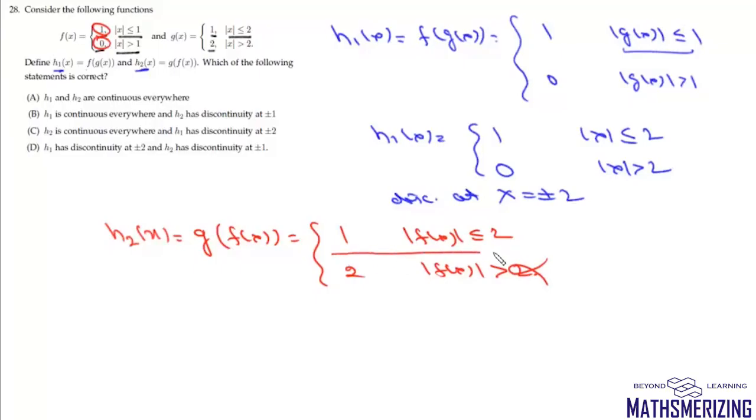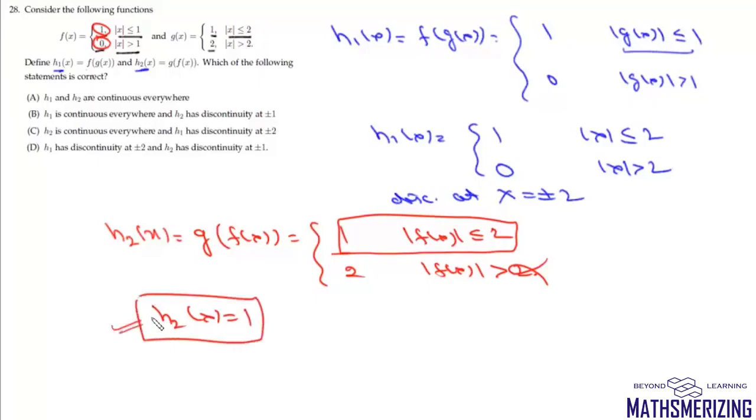So the only option here is that g of f(x) will be 1. So h2(x) is nothing but a constant function, so it will be continuous for all x belonging to R. So the answer is: h2 is continuous everywhere and h1 has discontinuity at plus or minus 2, and that's your option number C.